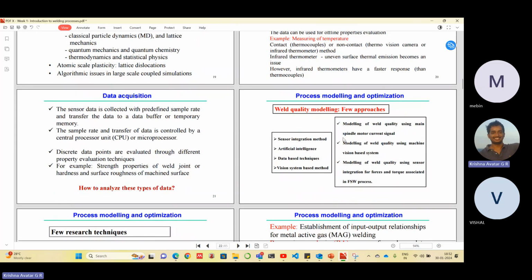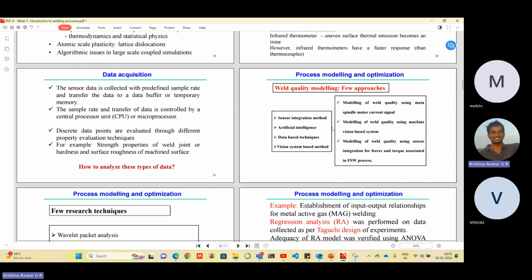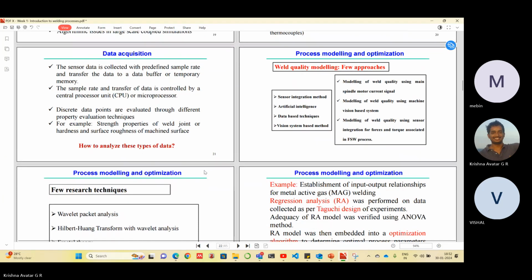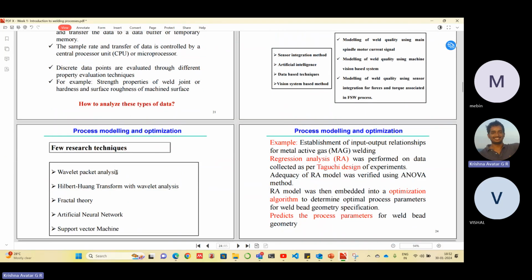Okay, and now let's discuss process modeling optimization. There are certain research techniques here: wavelet packet analysis, Hilbert-Huang transform with wavelet analysis, and fractal theory.